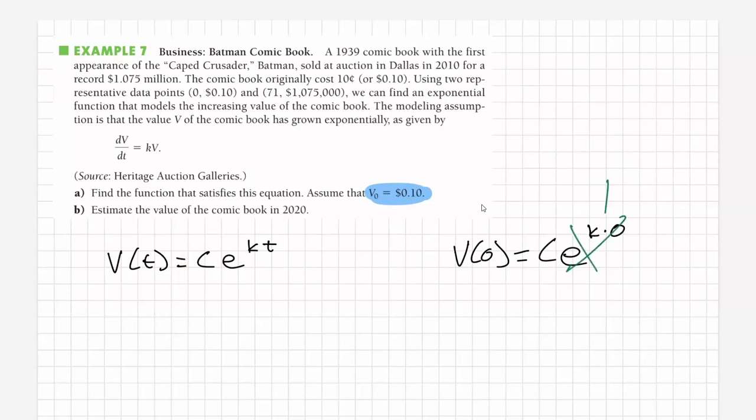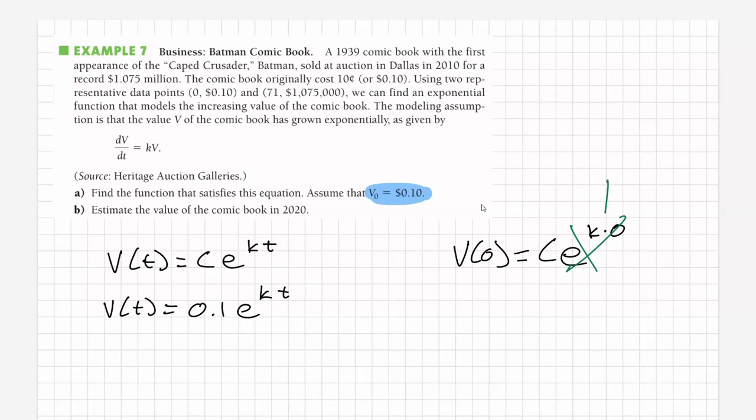Well, that whole thing equals 1, so all you're left with is your C value. So the C value represents the initial amount. So one thing we can say about our function then is that V of t equals 0.1 e to the kt. Everyone good with where that's coming from?